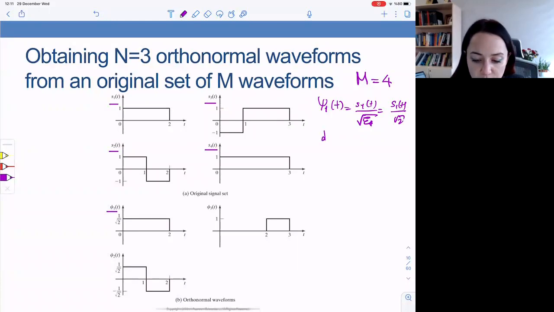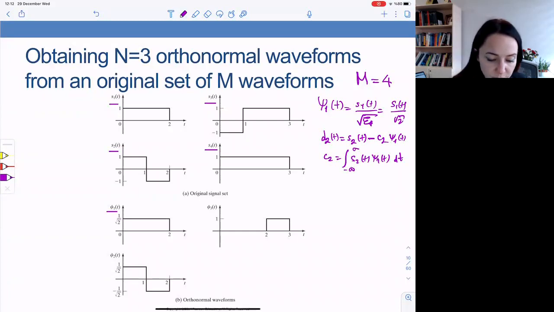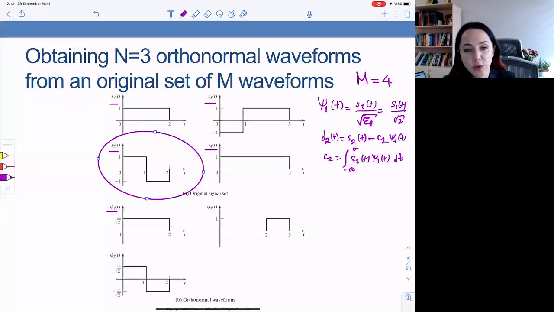Now we're going to compute the difference. d2 of t equals S2 of t minus C2 phi1. What is C2? C2 is the projection of S2 on phi1. S2 starts from 0, is 1 between 0 and 1 and equal to -1 between 1 and 2, and phi1 is constant at 1 over square root of 2.